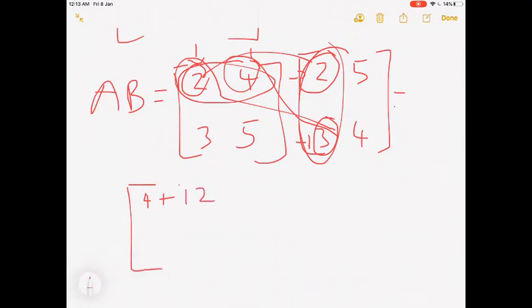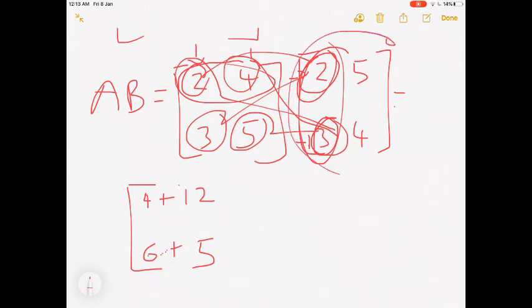Down here, we are going to have 2 times 3, 6, plus 3 times 5, 15. Now remember, our new matrix or our result should look like this. So we should have another column here.